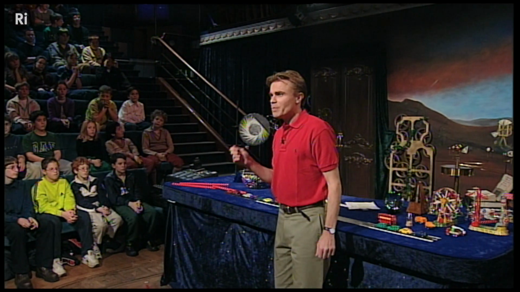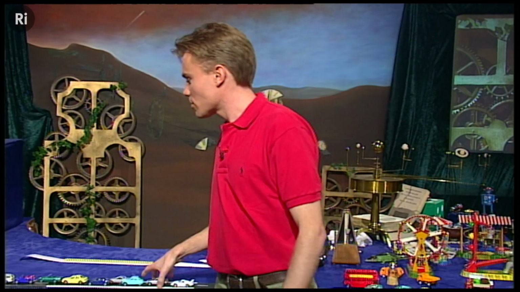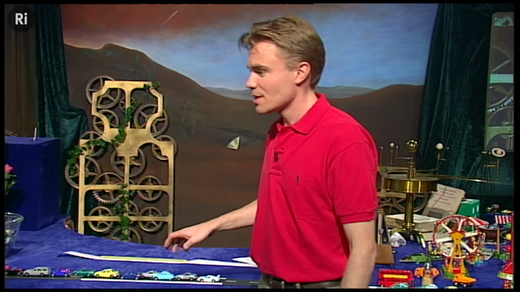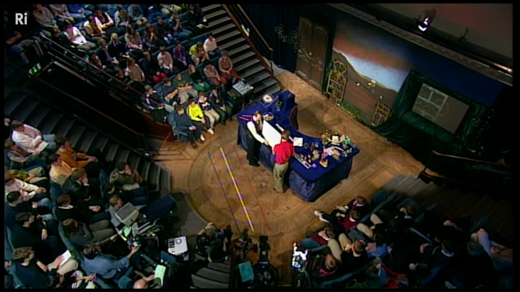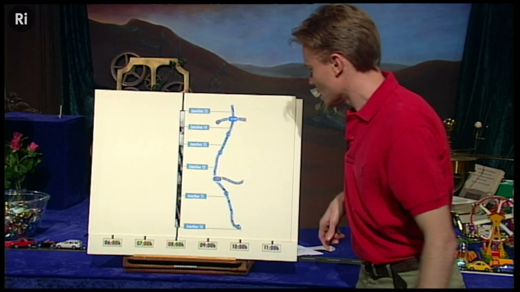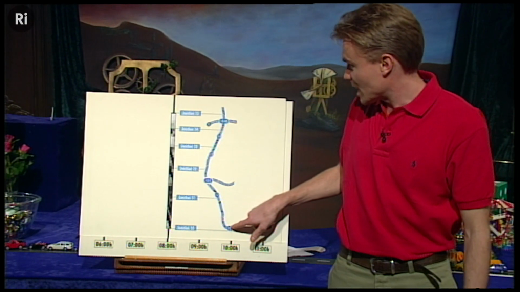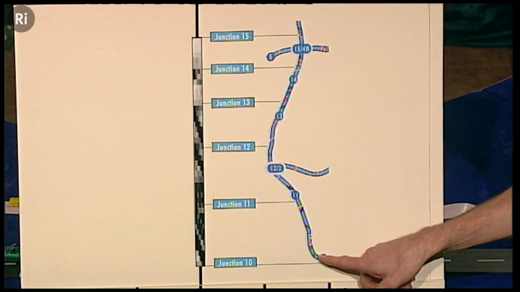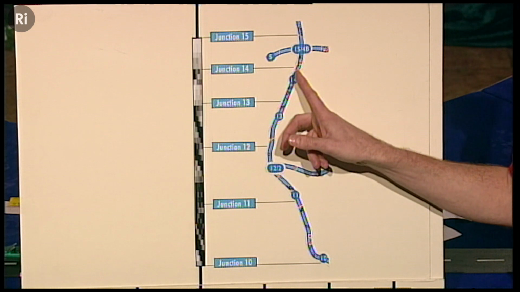So traffic jams move backwards along a road. Now we actually have some real traffic data here, taken from a section of the M25. Now here we have the section between junction 10, junction 15. Cars flow in this direction along the road.